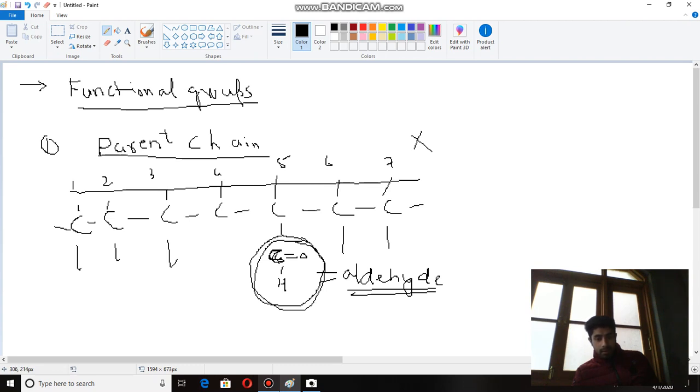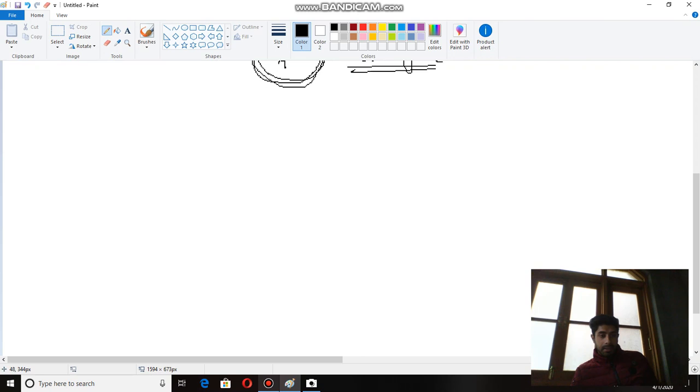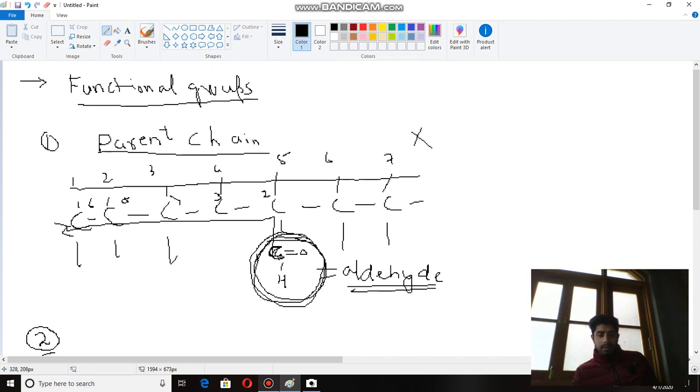So it's like this. We have to choose our chain. It's 1, 2, 3, 4, 5, 6. This principal functional group should be present in the parent chain. Second, this principal functional group is at the terminal of the parent chain.